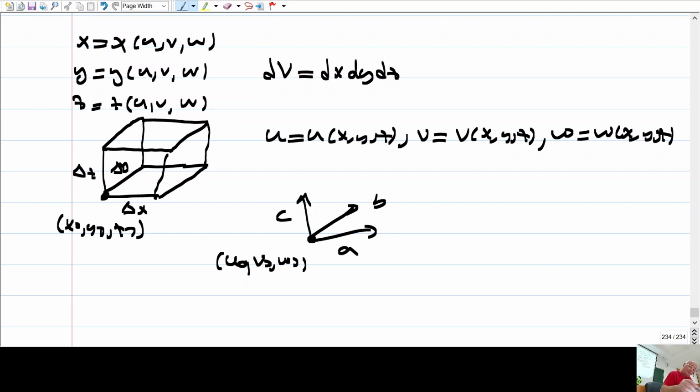And these form a parallelepiped in the UVW plane. Something like this.